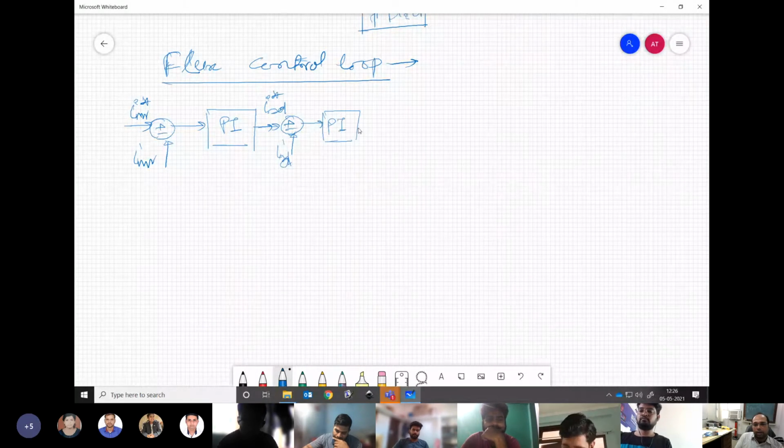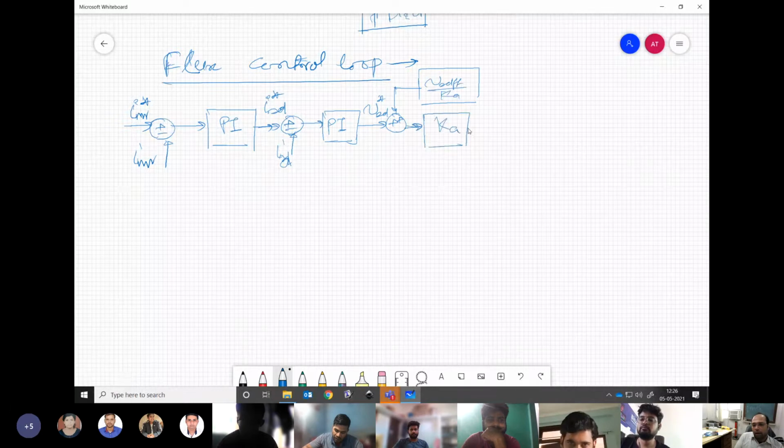And this is generating the VSD reference, where we add our feed forward terms. So some VSD feed forward divided by K. Then we have our converter modeled as gain K. Then the output of the system will see this VSD feed forward getting subtracted from it.